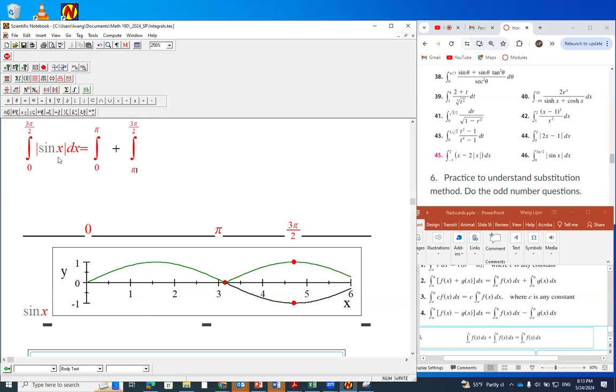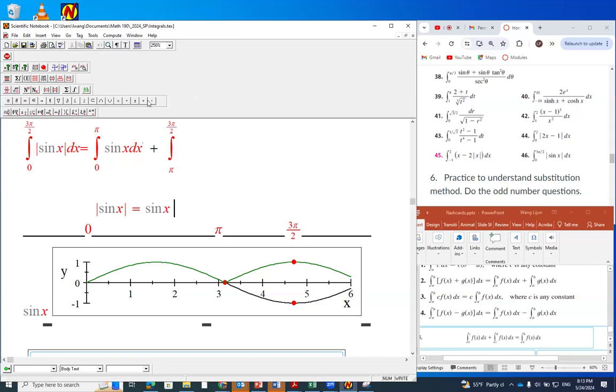In the first interval, sine is positive, so the absolute value of sine x is the same as sine x.